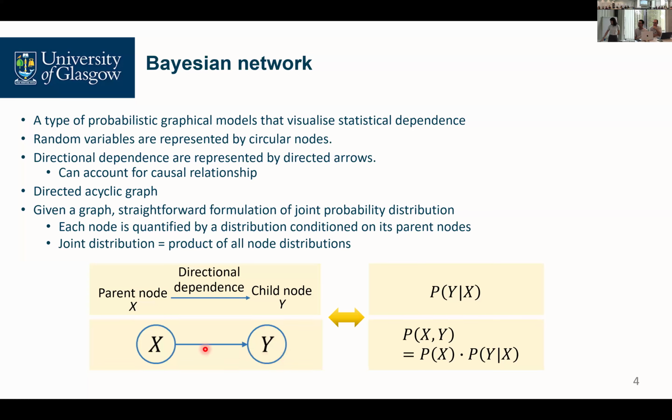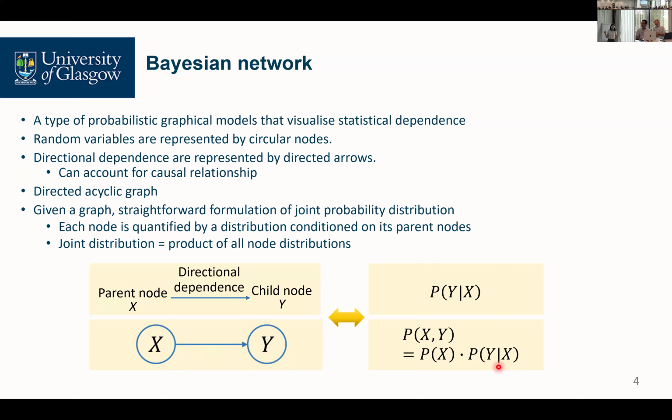So in this case, P(x) doesn't have any parent node, so P(x) is defined as a marginal distribution, while Y, which has X as its parent node, has this conditional distribution being conditioned on X, and the joint distribution simply becomes the product of all node distributions.